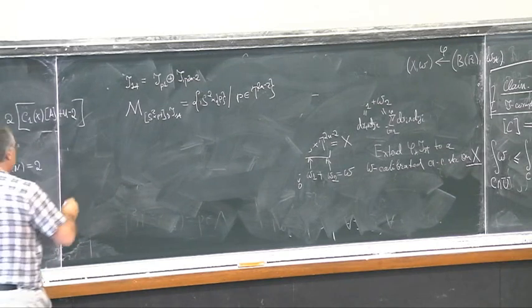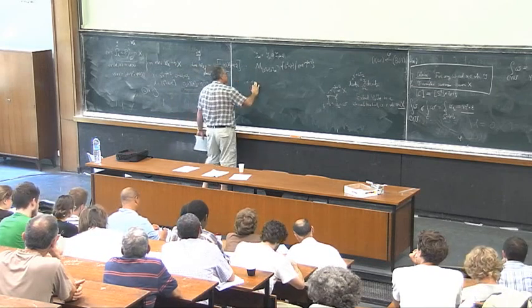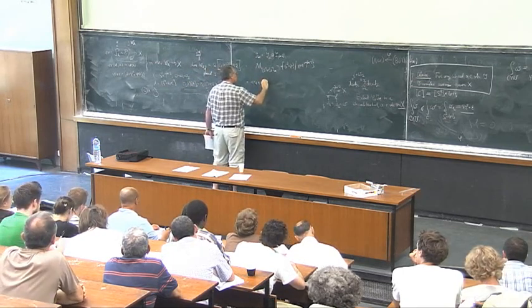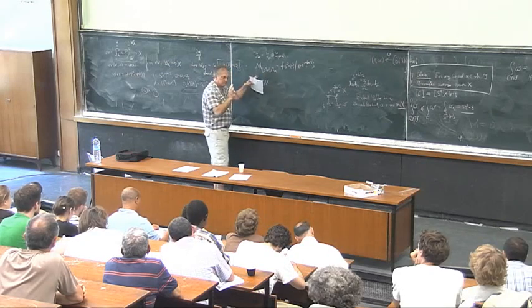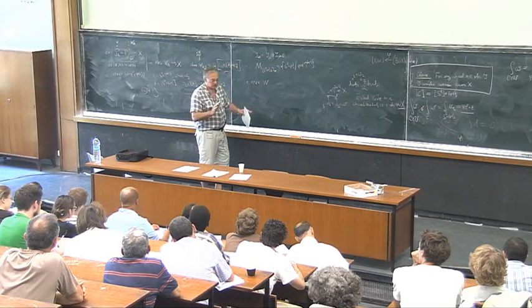And moreover, the evaluation map from the corresponding W, which is roughly this space times the sphere, more or less. Okay?